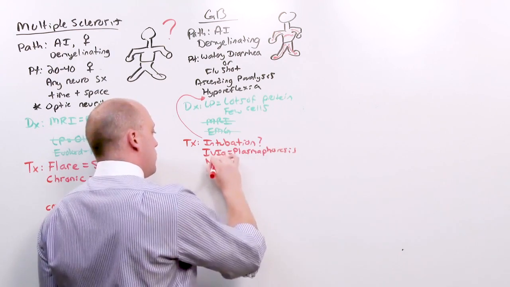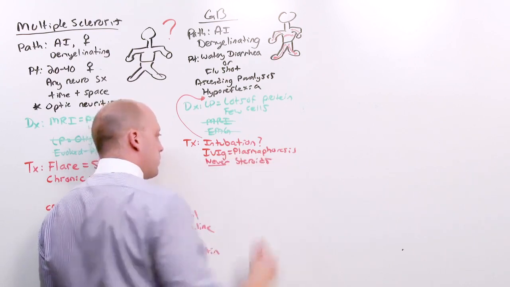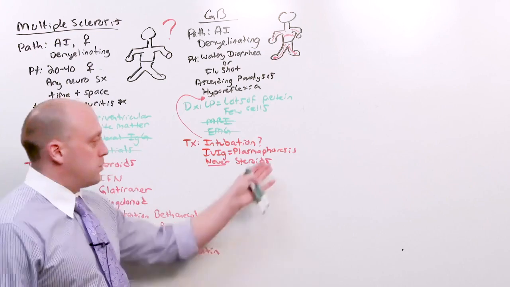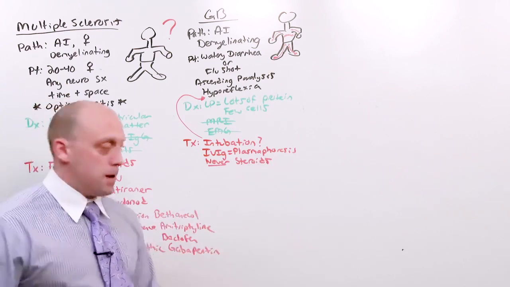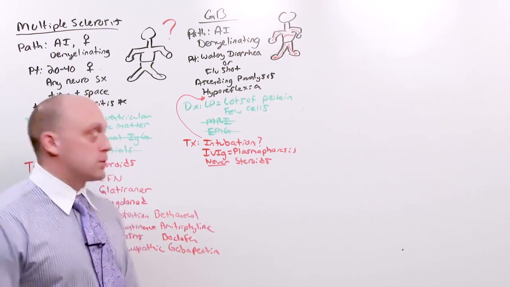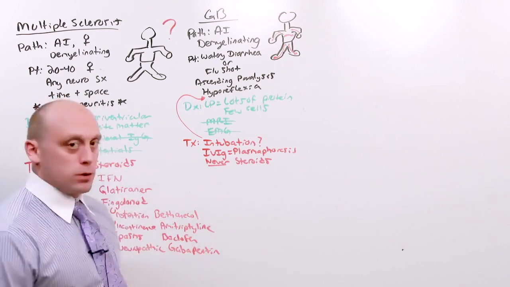And you never give steroids. IVIG binds up that immunoglobulin. Plasmapheresis simply removes it. They are the same. Steroids generally worsen the outcome and the relapse factor of Guillain-Barré. These are our two demyelinating disorders.